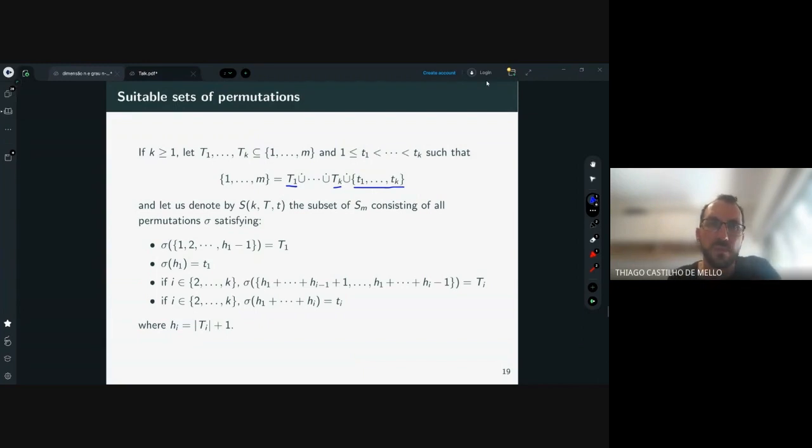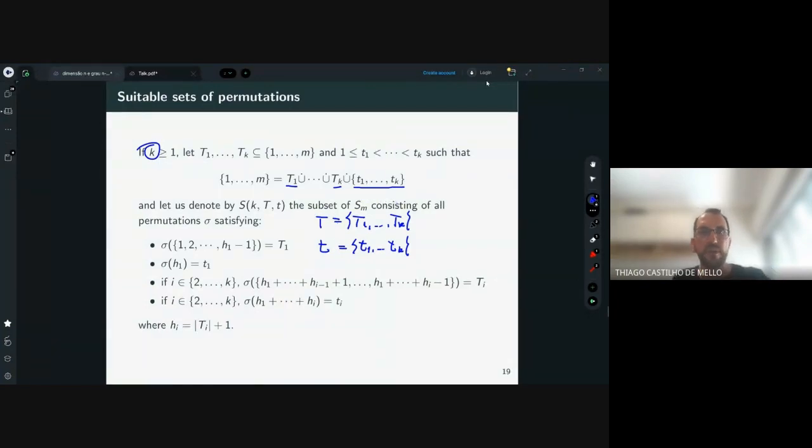I'm going to denote these capital T's by T, and these by small t. This defines the partition we're considering.